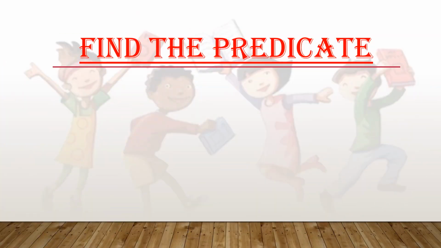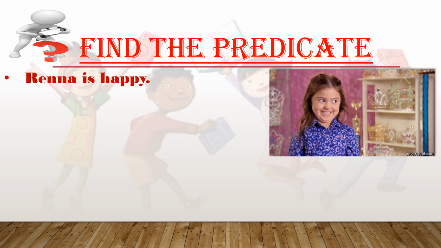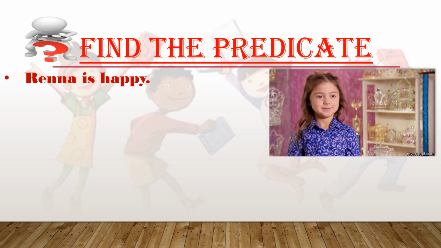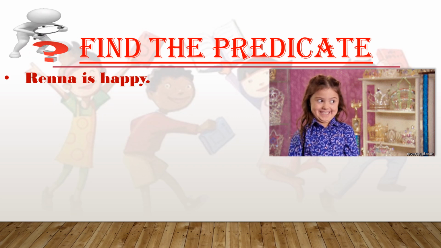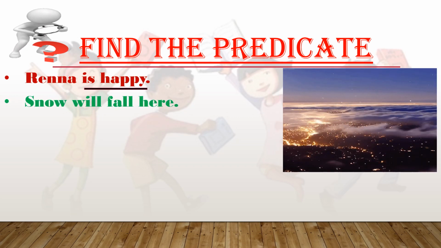Let us find the predicate in the given set of sentences here. Reena is happy. As discussed earlier, here the subject is Reena. So ask a question here. Reena what? Is happy. So is happy is the answer. So that is the predicate here. Next one. Snow will fall here.